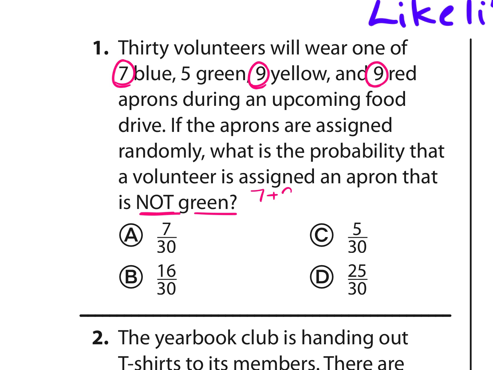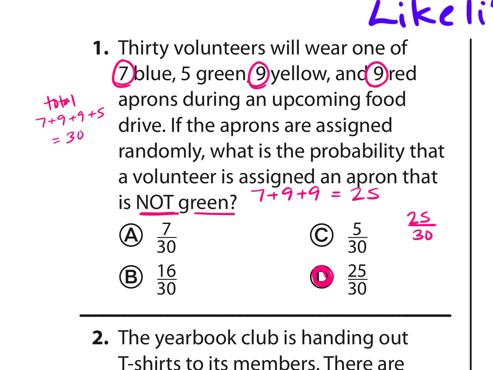So 7 plus 9 plus 9 is 25. And the total of aprons was 7 plus 9 plus 9 plus the 5 green, which were 30. So it's a 25 out of 30 probability.